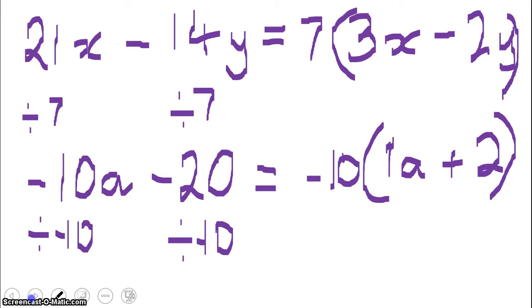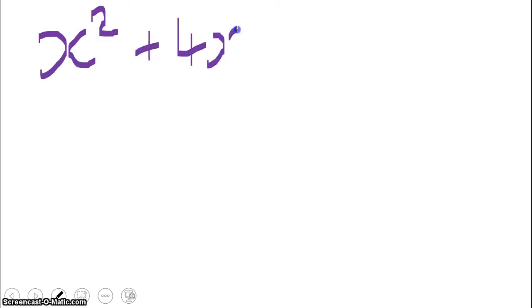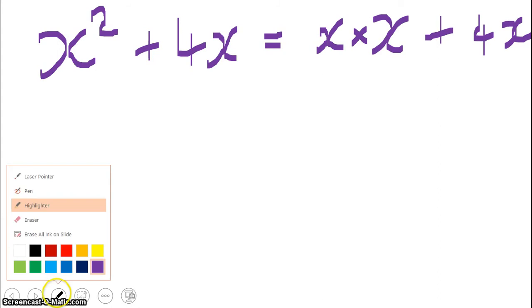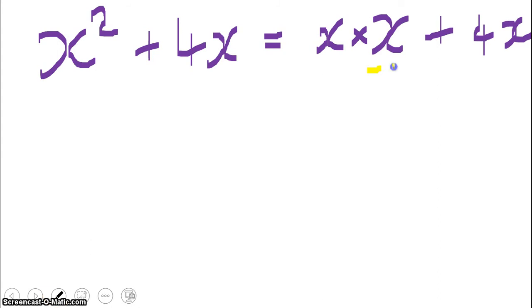Last one, and this is probably one of the harder ones that we're going to do, x squared plus 4x. So what I'd be looking for you to say to me is that x squared is just x times x, plus 4x. So my common factor in this one is x.